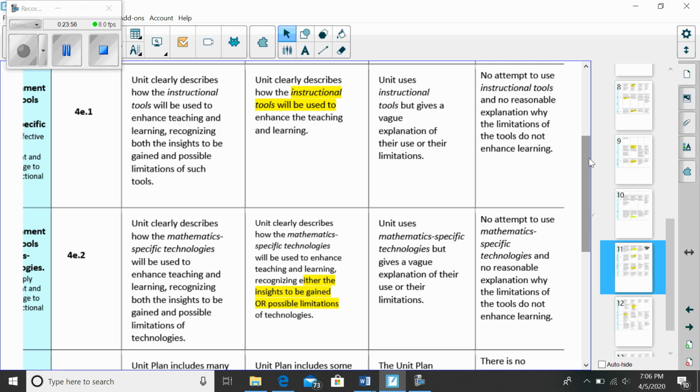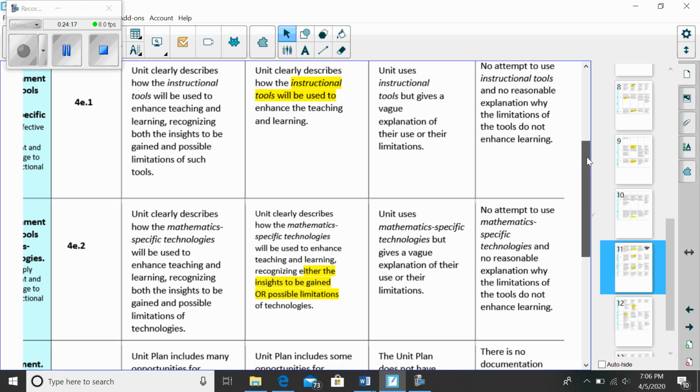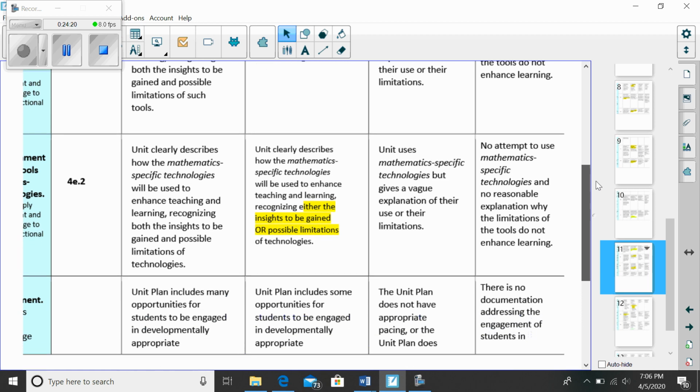What are other examples? Even calculators are instructional tools that you might be using. This goes along with variety of instructional strategies, right? You're using different instructional tools, and you're not just doing the same pencil and paper thing every single day.